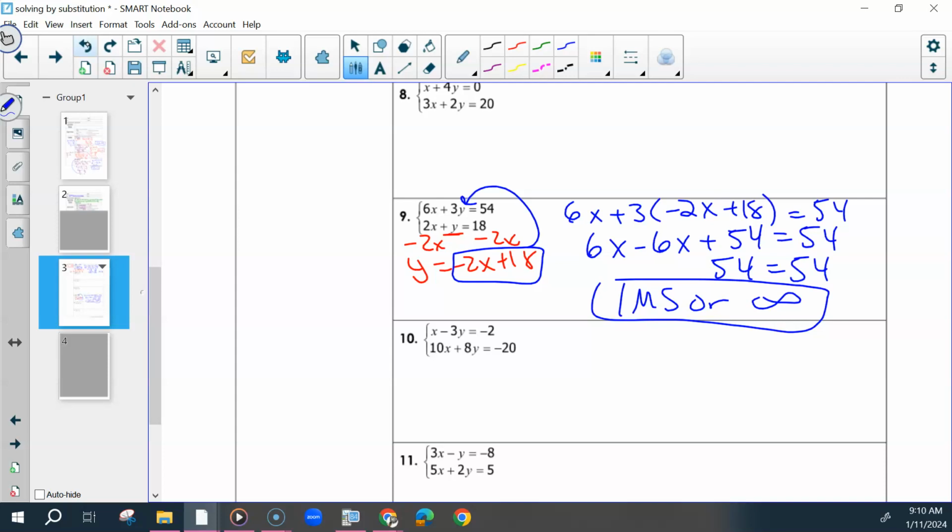The variables would cancel, but you put it in the wrong one, which is why that happened. So be careful with that. Double check your answers in Desmos while you're practicing in the calculator. If you get infinitely many solutions or no solution, it can't be one solution. If you start to solve and you get an x or a y, it can't be no solution or infinitely many. So it's one or the other.